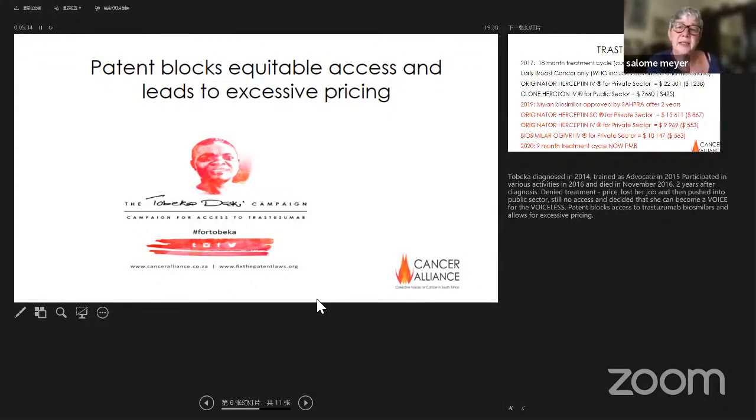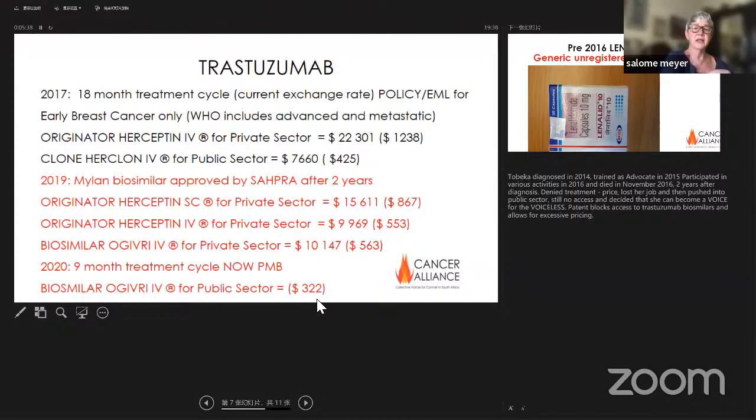And next slide. The next slide will give us the indication of the pricing of trastuzumab. At first we had the 18-month treatment cycle, and I'll use the current exchange rate.